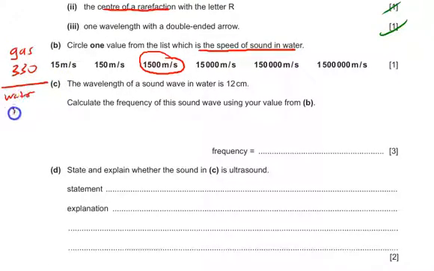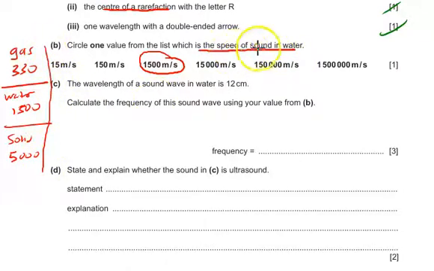Water is about 1500. Solid, you will have close to 5000. So this is the speed of sound in each of these media. The wavelength of the sound wave in water is given as 12 centimeters.